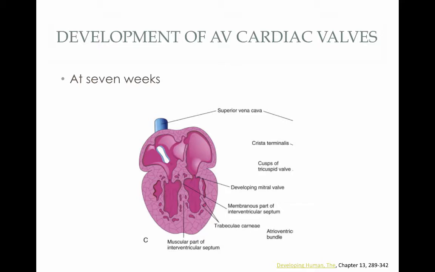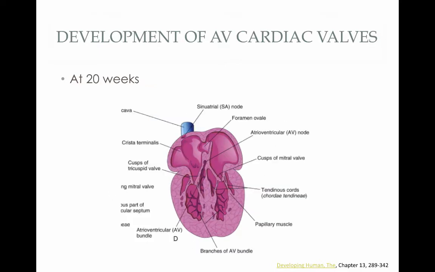So here we can see at week 7 the development of the mitral valve and the development of the tricuspid valve, and from that delamination, we can see again the anterior leaflet and posterior leaflet of the mitral valve. This looks to be septal, and it's hard to tell if this is the anterior or posterior leaflet of the tricuspid valve.